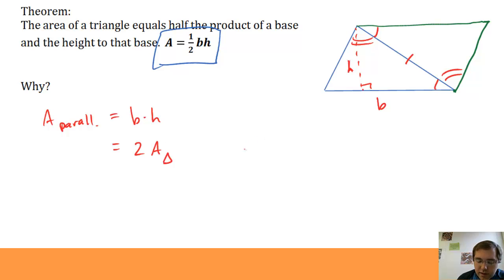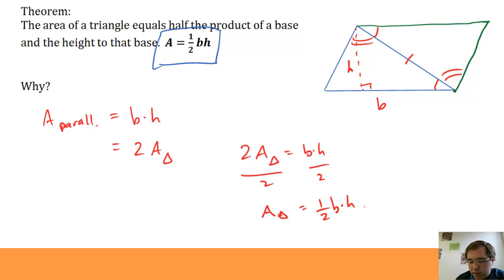That means 2 times the area of the triangle equals the base times the height. So dividing by 2, the area of the triangle equals 1/2 of the base times the height. So that's where that formula comes from.